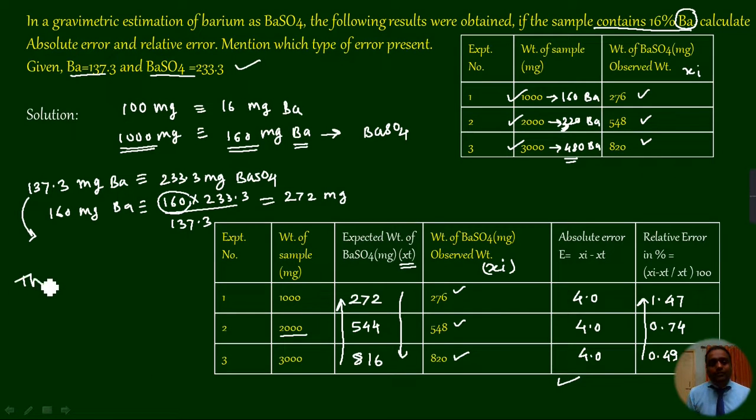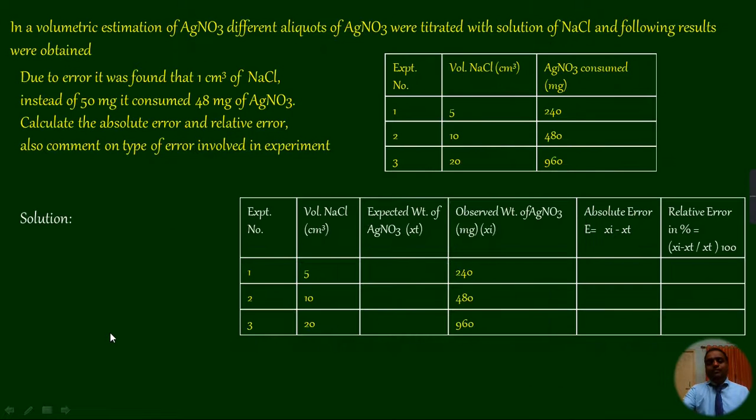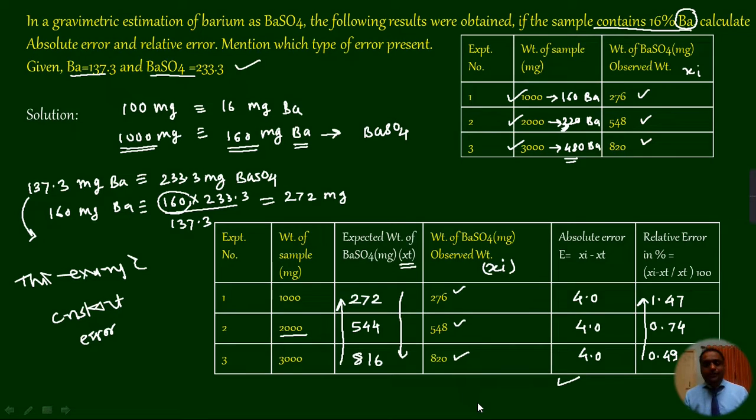This example has a constant error. So in the previous example we had proportionate error, and in this example we have a constant error, right?